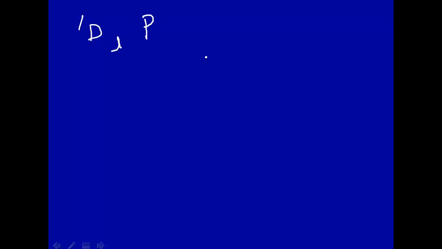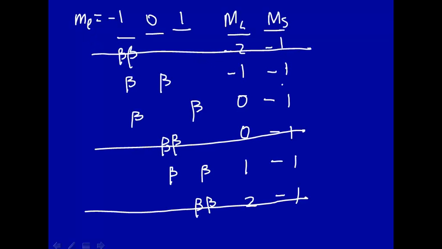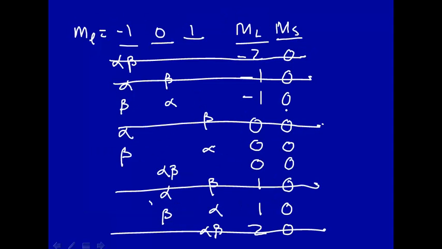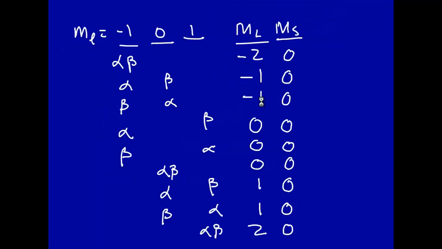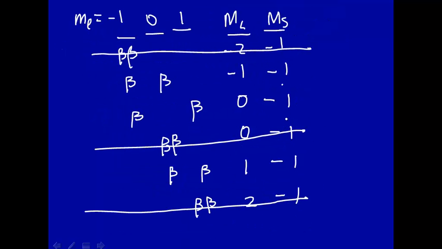Let's see what kind of multiplicity that would have. It looks like M sub s is minus 1 here, M sub s is 0, and M sub s is 1 here. If S is equal to 1, then M sub s could be 1, 0, and minus 1.